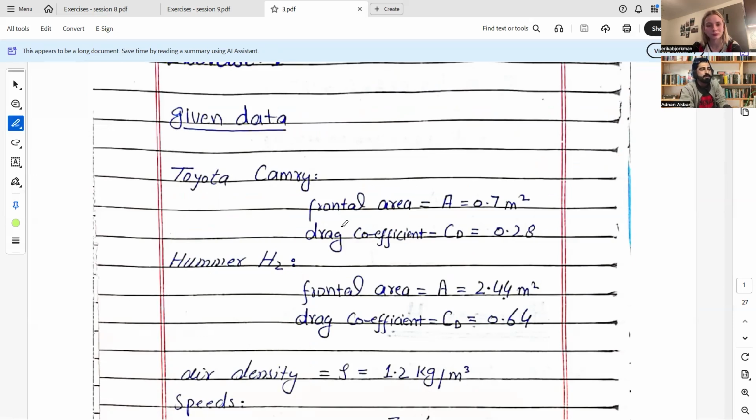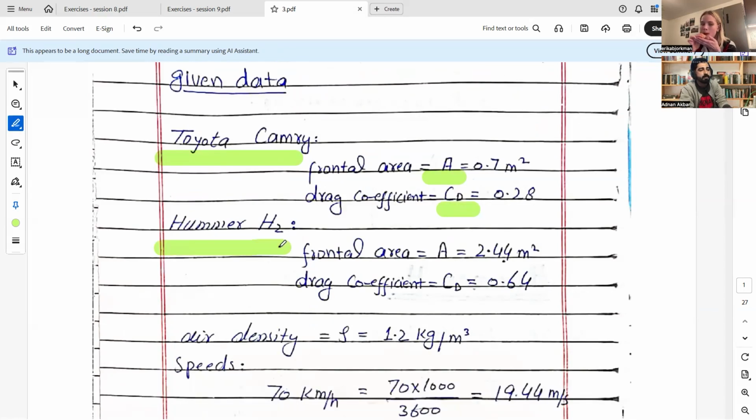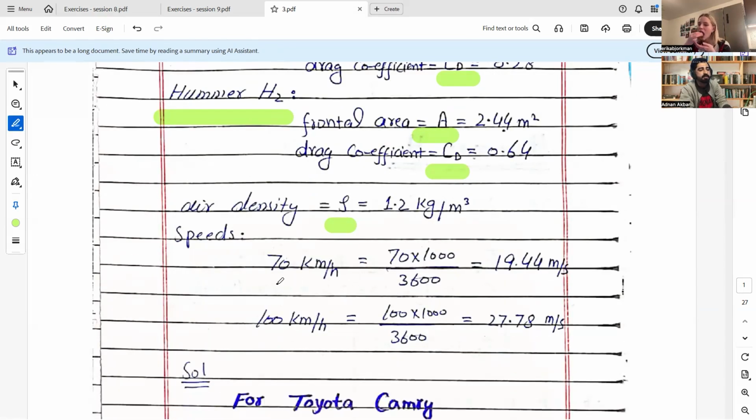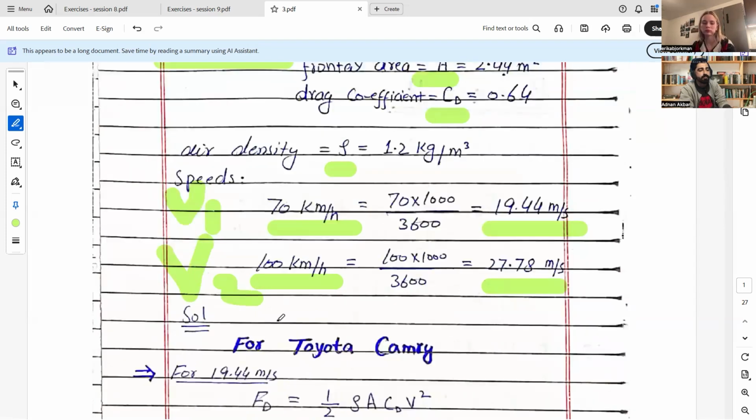So, the frontal area of the first vehicle, the Toyota, and its drag force coefficient. Similarly, for the Hummer H2, the frontal area and drag coefficient are given, and the air density is given, which is a constant. Here we are converting the velocities into meters per second: V1 and V2.